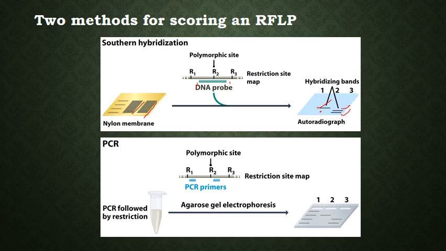In the PCR, if this polymorphic site is here, then the PCR primer is used here for this DNA, and we see this band, and these two similar results are found. But the other one actually uses X-ray, and is very tedious and hard work, whereas this PCR one is a very simple method. So nowadays PCR methods are widely used.